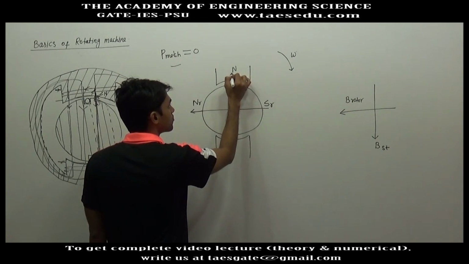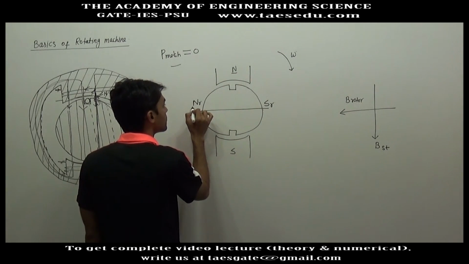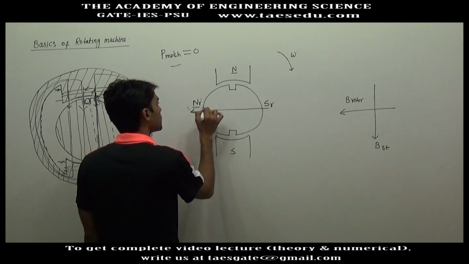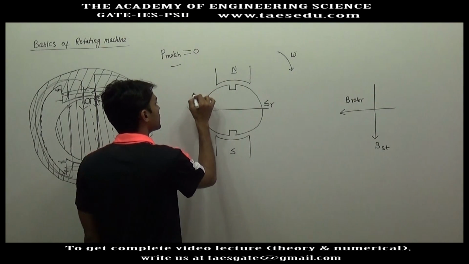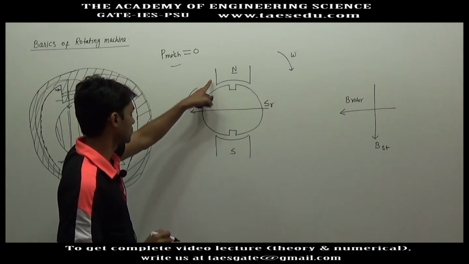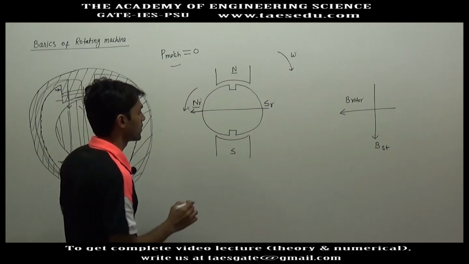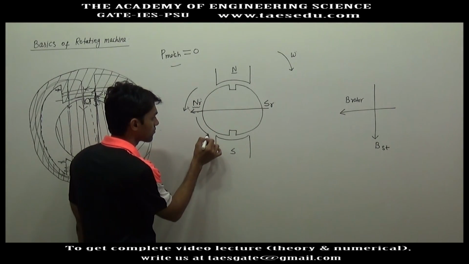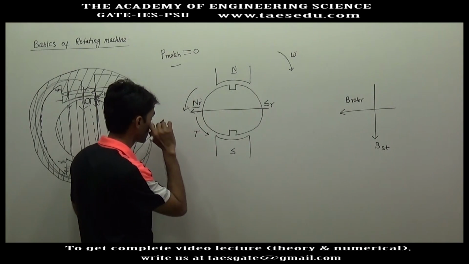So this north pole of the stator will repel this north pole of the rotor, so on this part there will be a torque in the anti-clockwise direction. This south pole will attract this north pole, so this torque will also be in the anti-clockwise direction.